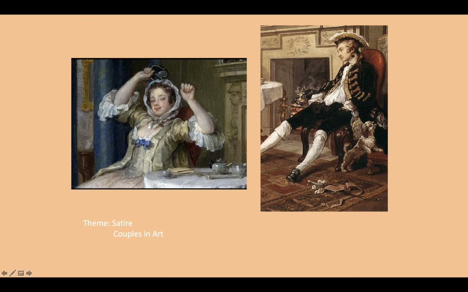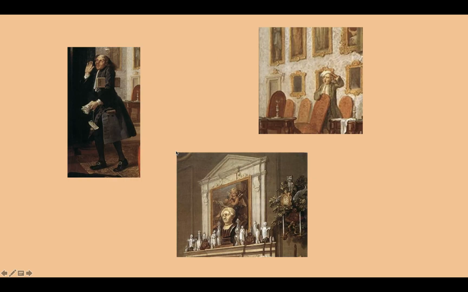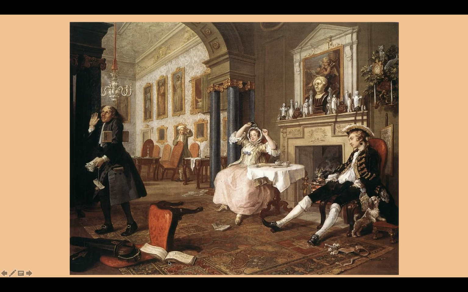We see that her bodice is undone, right? These laces should be super tight, and they're not, okay? And we see that she has a rosy, glowing face, and she looks very satisfied with herself. And what has just happened is she has just been cheating on her husband. How do we know that? Well, we're going to look at the overturned chair here and the music and the violin.